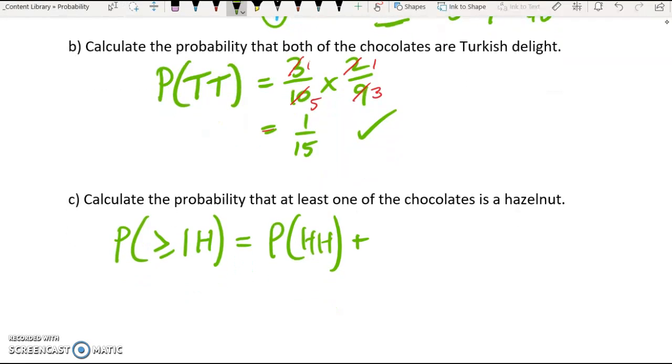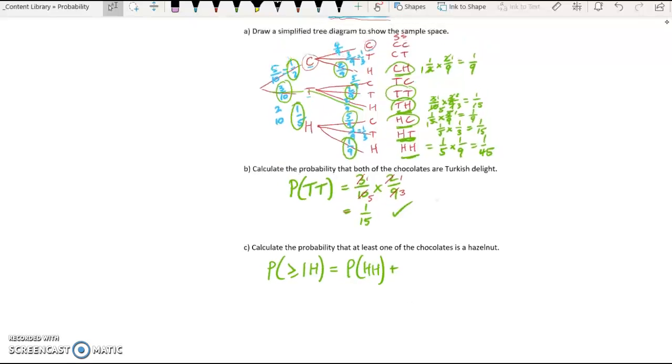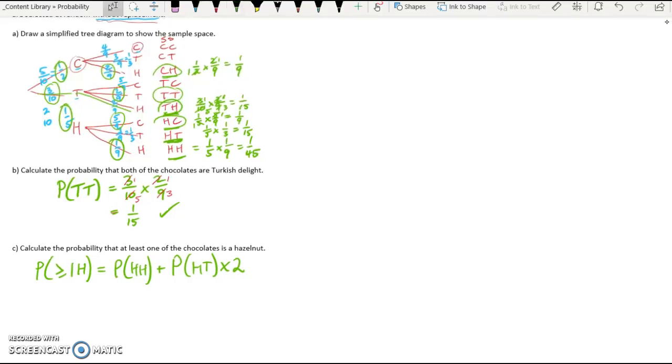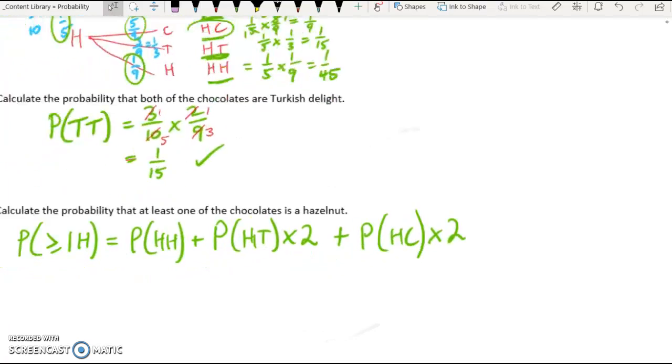I'm going to say it's the probability of hazelnut hazelnut plus the probability of hazelnut Turkish Delight times 2, because there's 2 ways basically that could happen. You could go Turkish Delight hazelnut as well, which is the same probability, plus the probability of hazelnut Caramello times by 2 as well, because there's 2 lots of 1/9 is that probability.